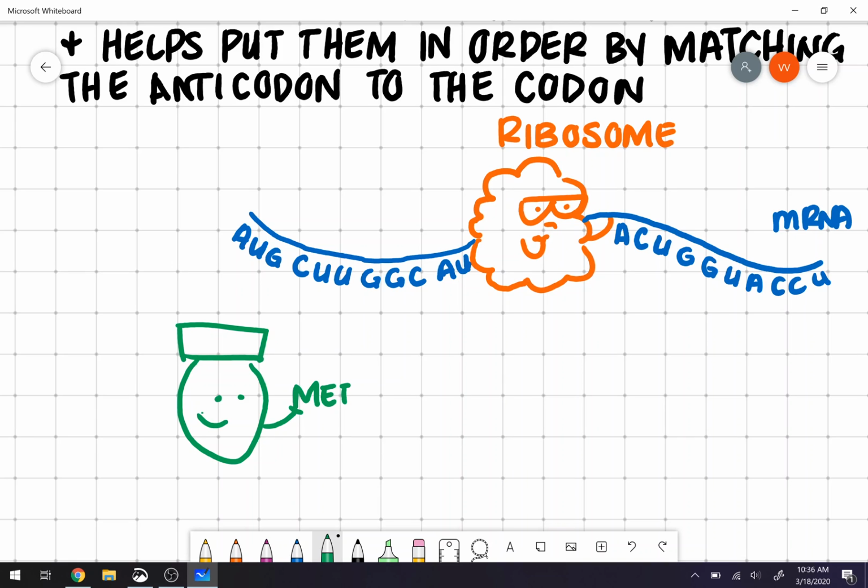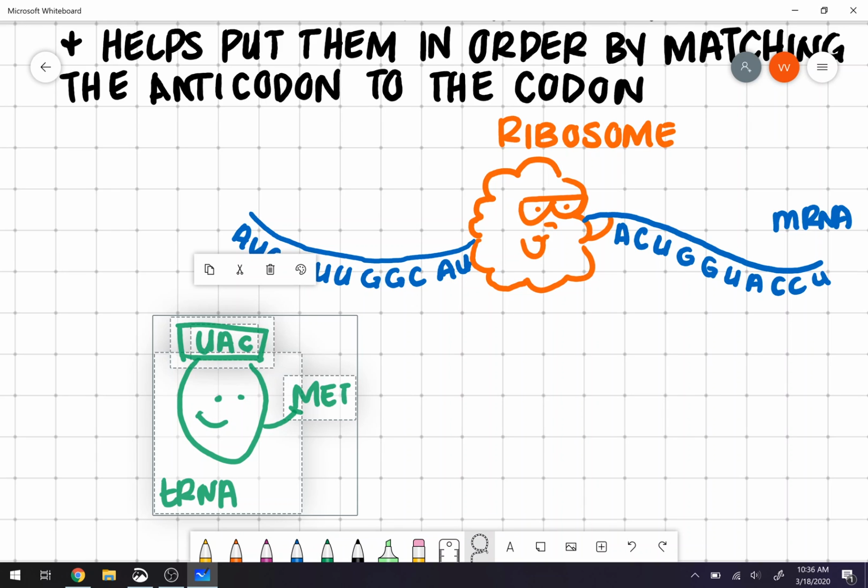And this transfer RNA is going to know where to put the methionine because it has an anticodon on it that is complementary, meaning what the other half would look like.